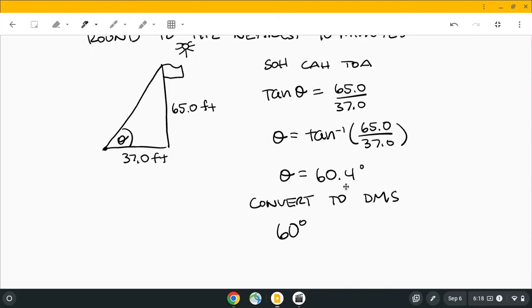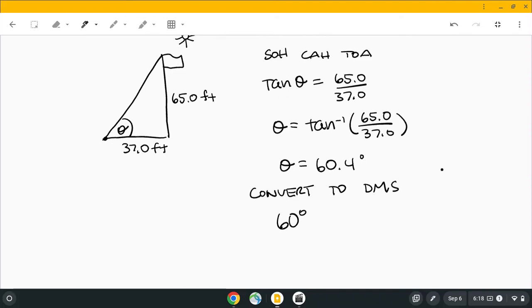So this is saying you only have 0.4 of a degree. You don't have a full degree. You only have 0.4, which is like 40%, right? So I can do 0.4, 40% of 60. Okay, so that gives me 24. So we have 24 minutes.